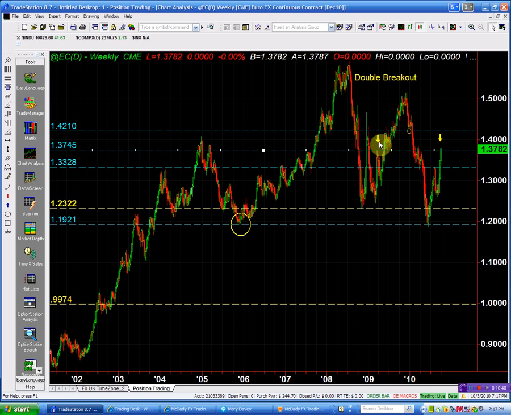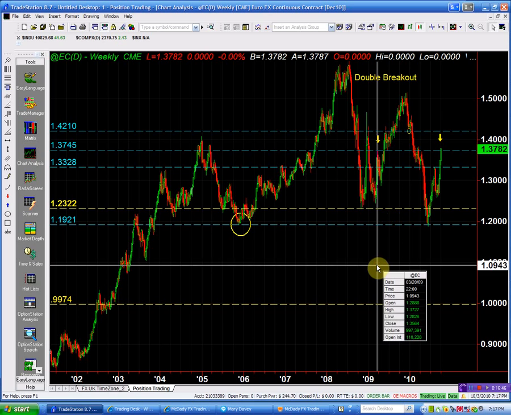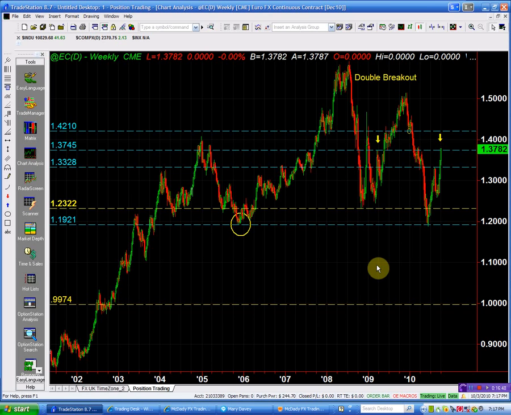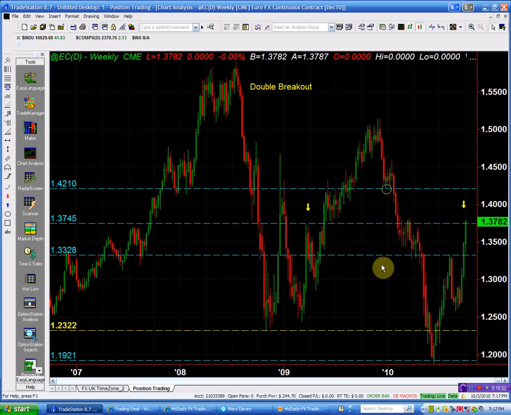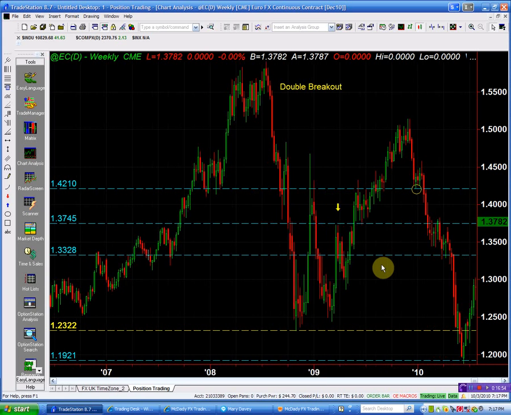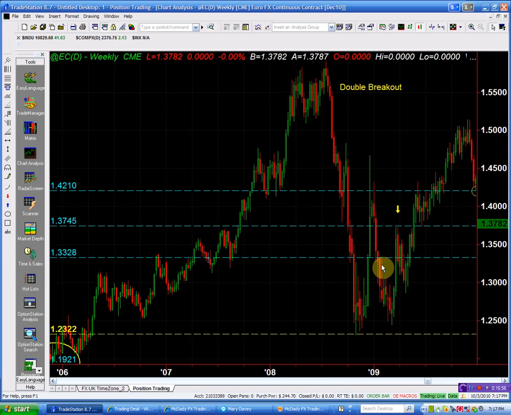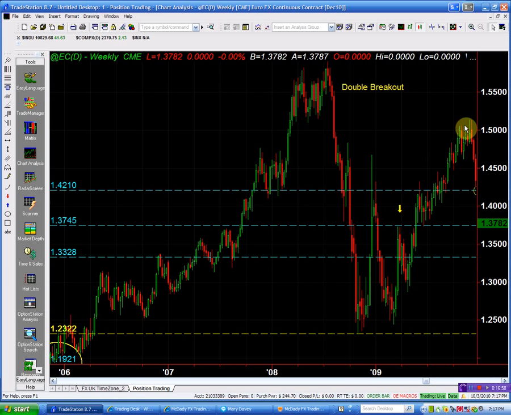When we broke that, that was a small structural point back in 2009, and when we broke above that structural point, let me show you, right there, we put the high towards the 150. When we broke above that structural point, it took us pretty much towards the 145.